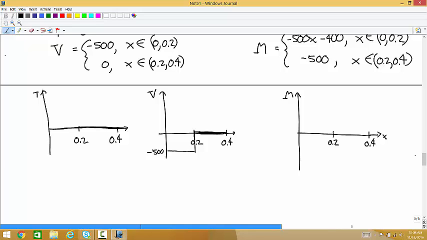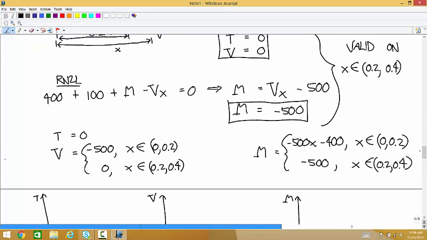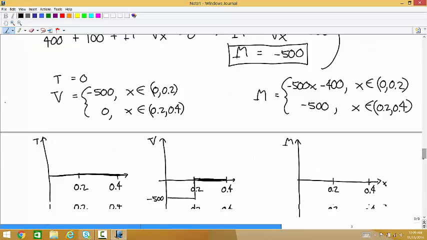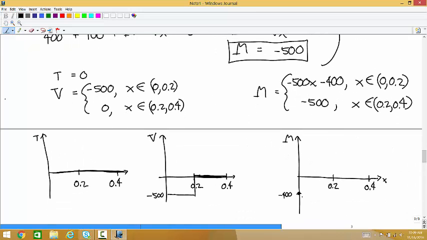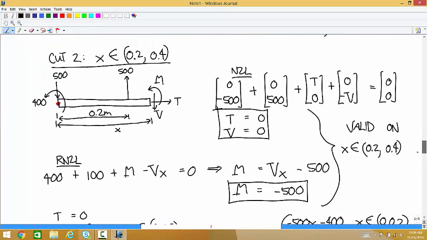I don't have that plotted here. Can someone, okay, so we know, looking at this, that first subfunction is a linear function. And we know it starts out with a value of negative 400. When x is equal to 0, m is equal to negative 400. And so now to figure out where the other endpoint is, we can plug, where is it?